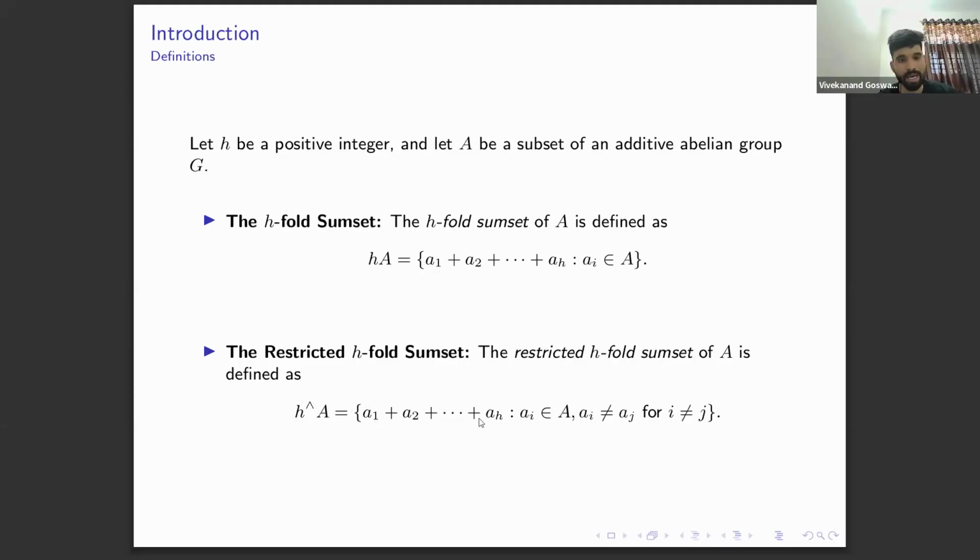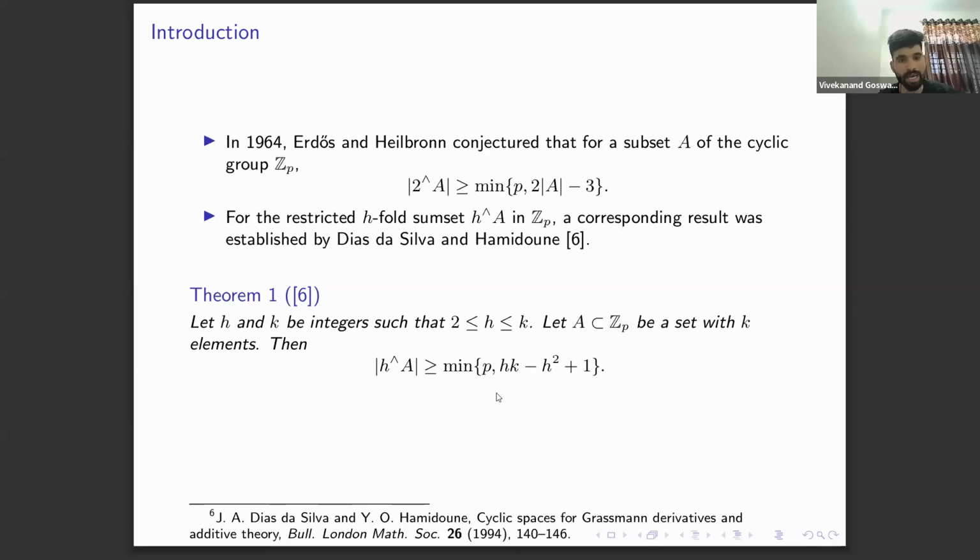The restricted h-fold sumset is denoted by h hat A, and it is the collection of elements of G that can be written as a sum of h distinct elements of A. As the title of my talk suggests, I will focus on h hat A in abelian groups.